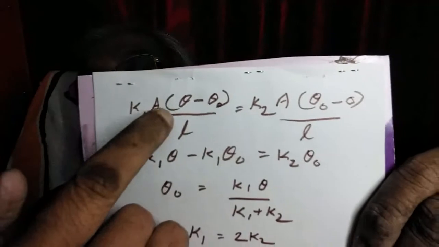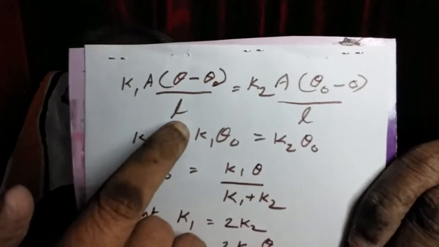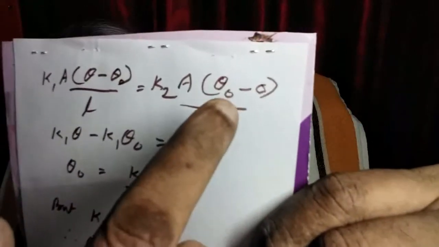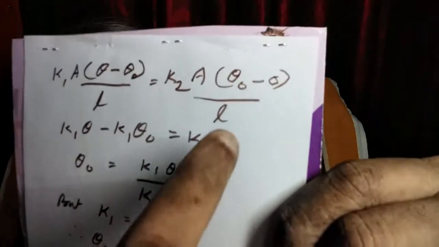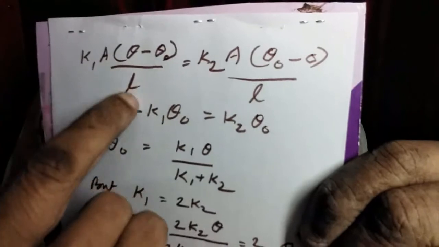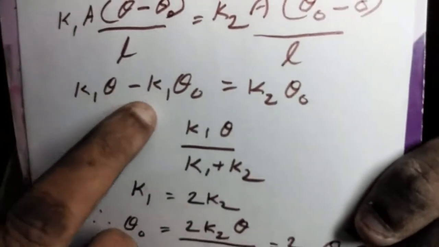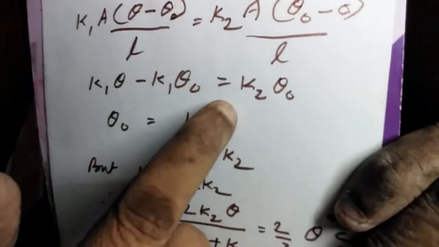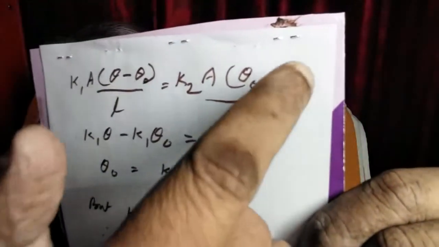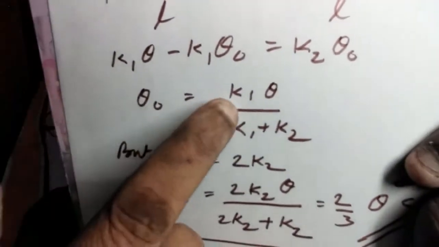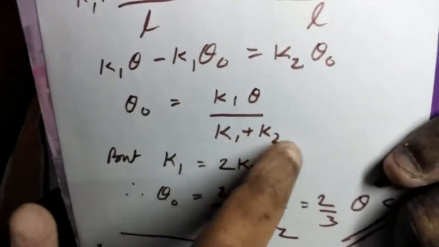So equate the two. K1 into A into theta minus theta 0 by L equals K2 into A into theta 0 minus 0 by L. A by L would go. Then K1 theta minus K1 theta 0 equals K2 theta 0. From which you can find theta 0 equals K1 theta by K1 plus K2.